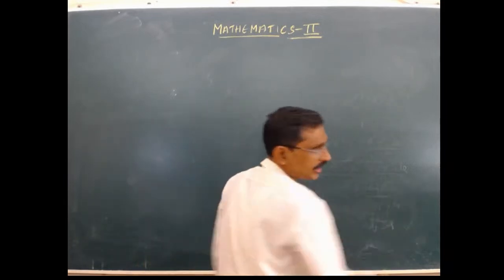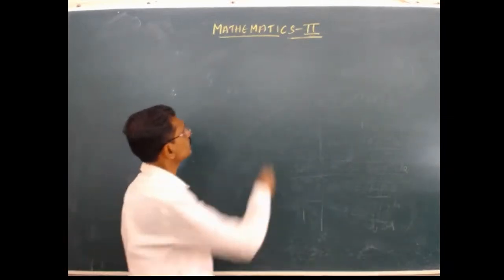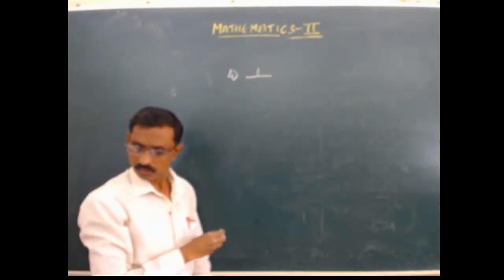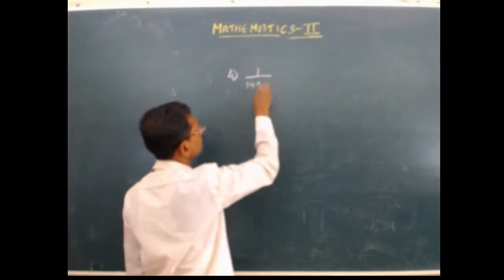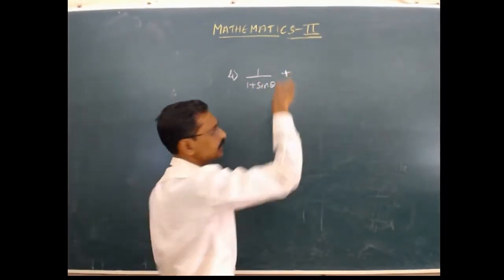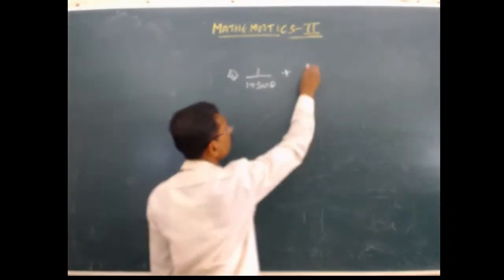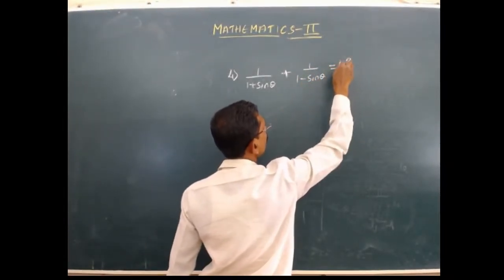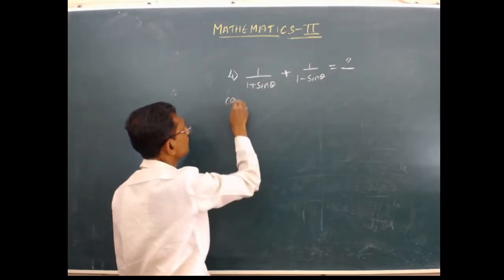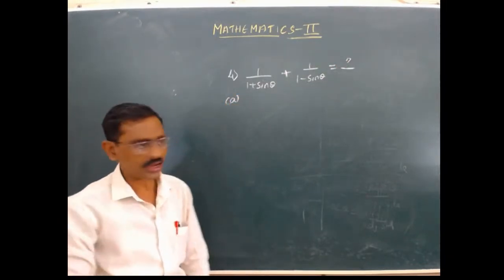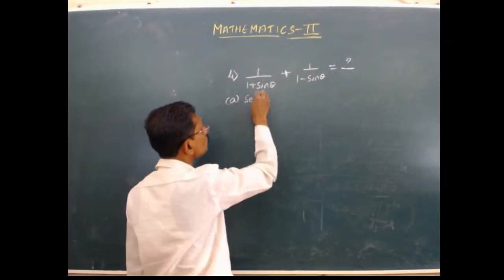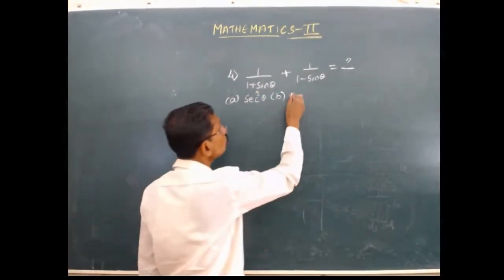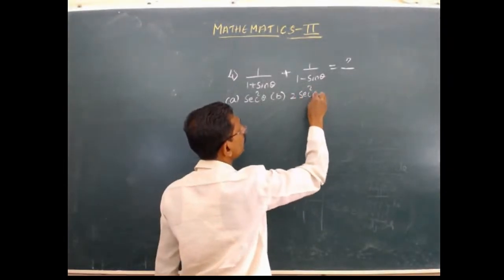The fourth MCQ says: 1 upon 1 plus sine theta plus 1 upon 1 minus sine theta is equal to how much? Let's see the options. Option A is sec square theta. Option B is 2 sec square theta.